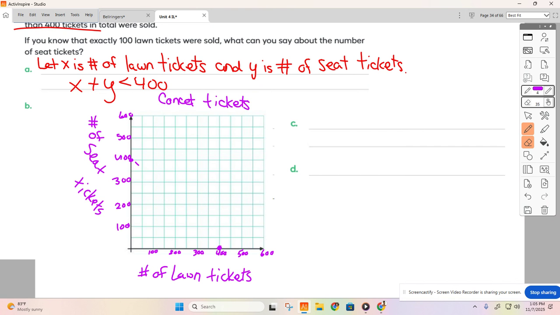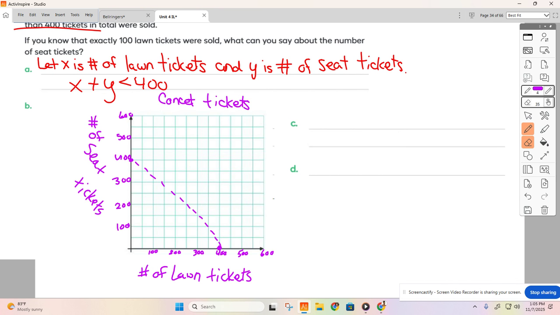My line was dotted or dashed. The difference between the dashed line and a solid line is that if the point is on the line and it's solid, that means it still is a solution. For this one, since it's dashed, a point on the line will not be a solution.